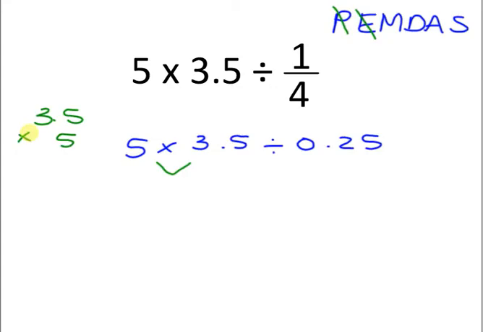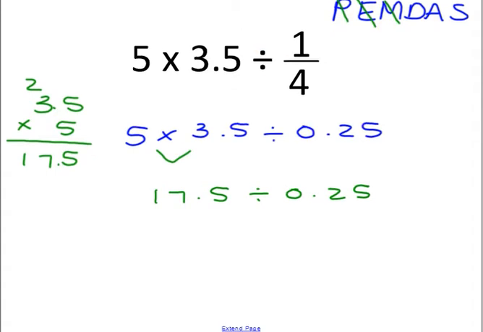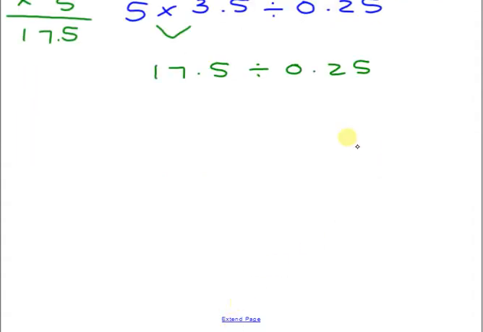3.5 times 5. 5 times 5 is 25. 5 times 3 is 15, plus 2 is 17. I have one number after the decimal, so I have 17.5 divided by 0.25. Now all I have left is division. So I have a decimal divided by a decimal.